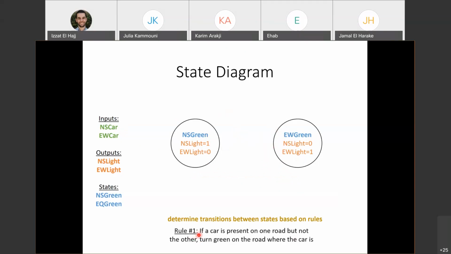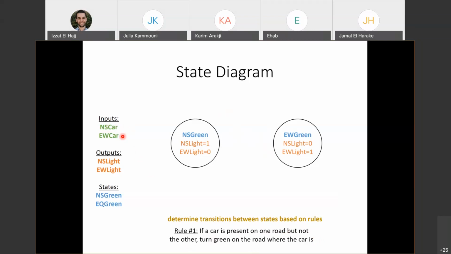Rule number 1 tells us that if a car is present on one road but not the other road, we're going to turn green on the road where the car is. Let's start with the case where the car is present on the north-south road. Let's say NS car is 1 and EW car is 0.